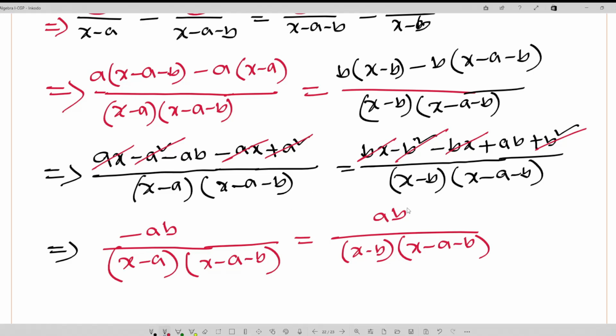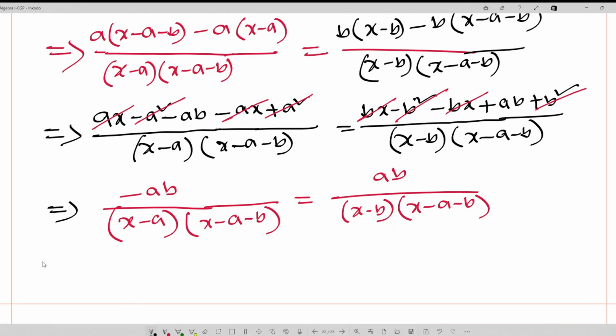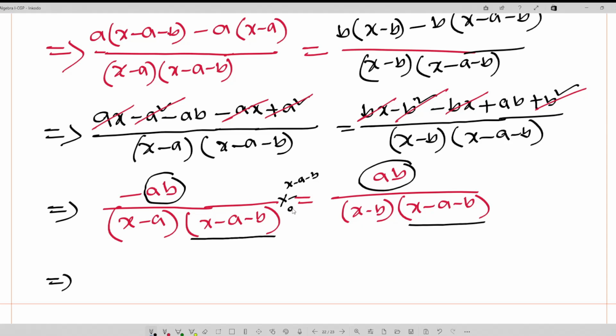Now look, two things we have to omit: here is x minus a minus b, here is also x minus a minus b, here is ab, here is ab. So we need to multiply both sides by x minus a minus b divided by ab.